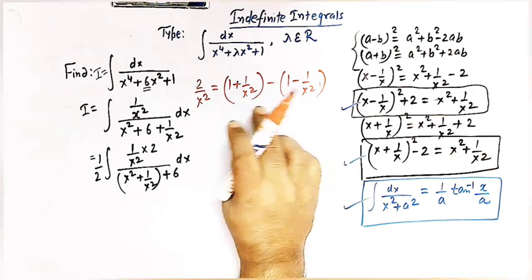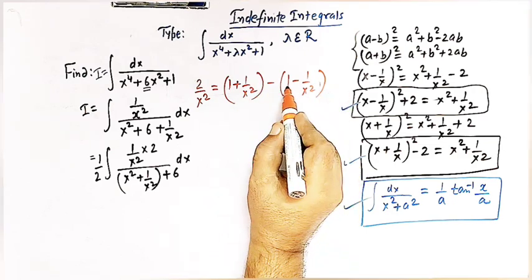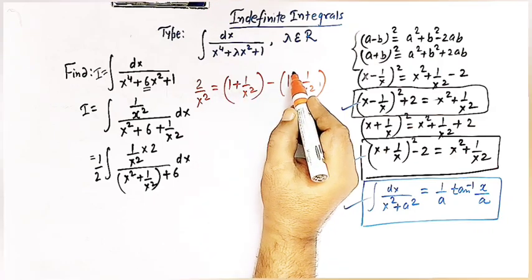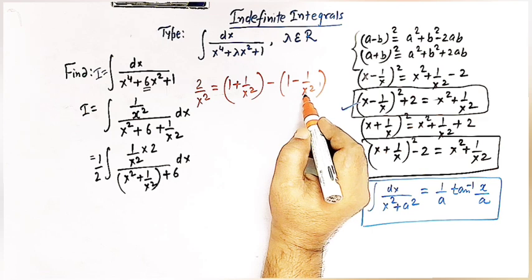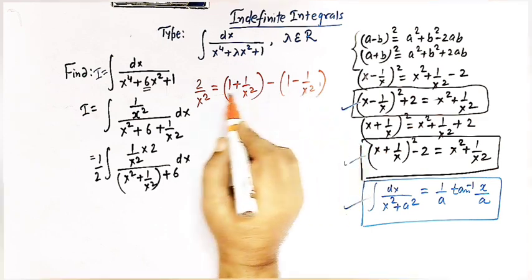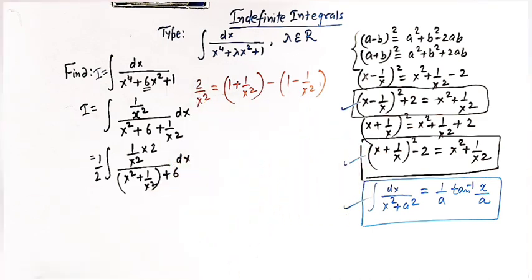We express this quantity 2 over x square as a difference of these two terms, because when we simplify, the 1 and the 1 cancel, and 1 over x square plus 1 over x square gives us 2 over x square.